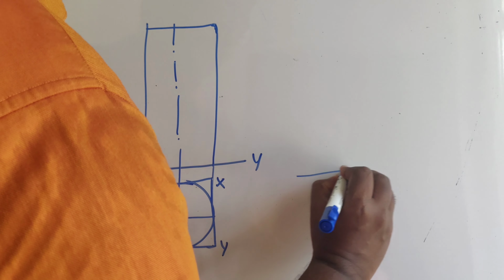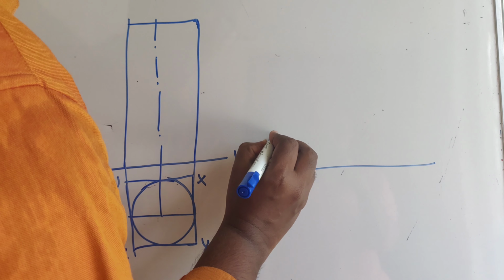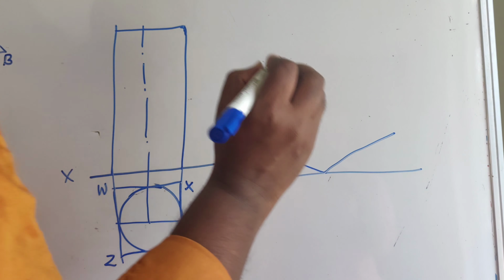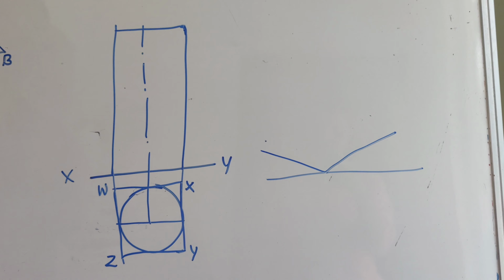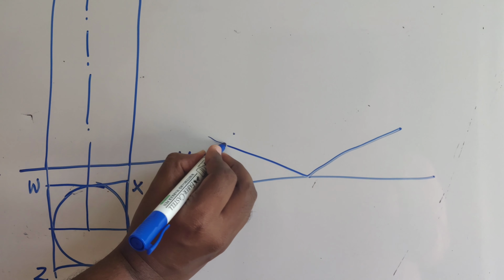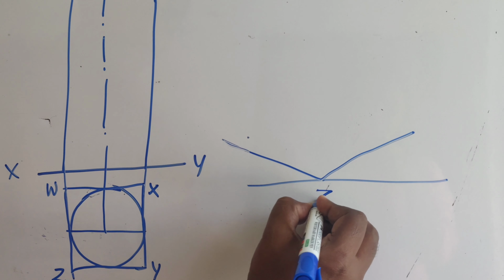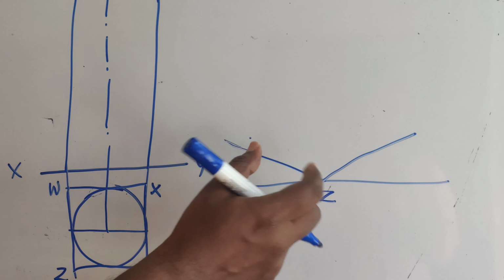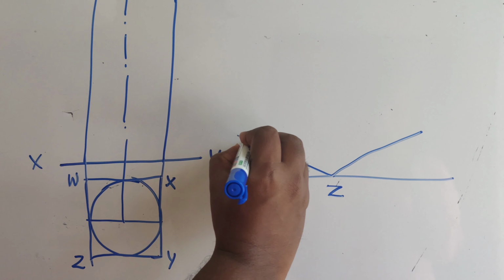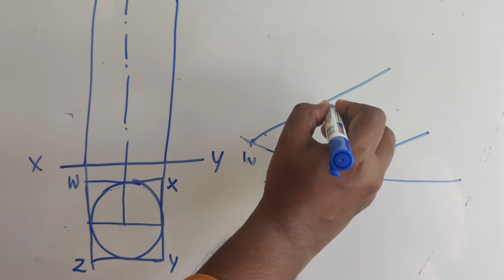You have to draw the bottom base as you have drawn the isometric projection of the cone. So this is Z. So Z to W, that again you can mark here. From W, you are drawing the next one.